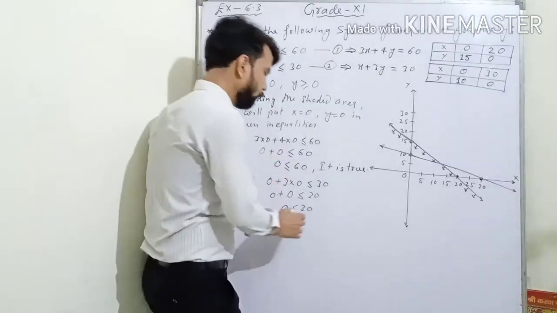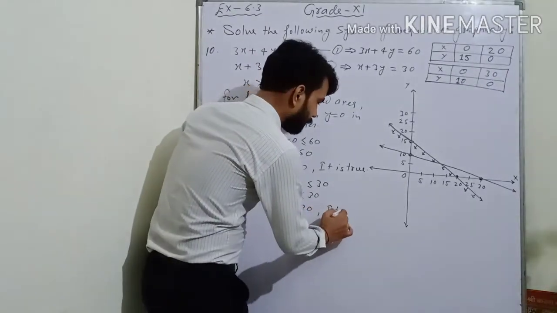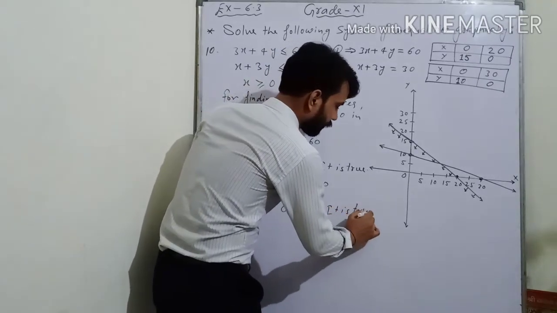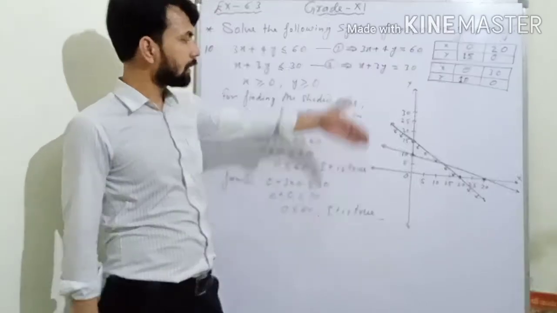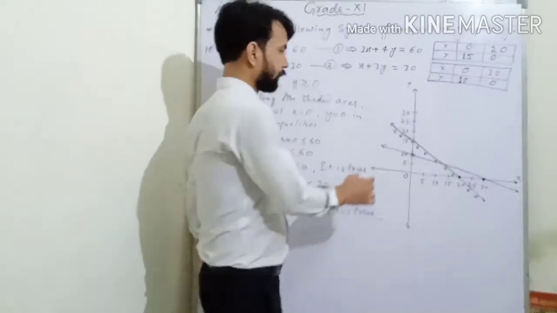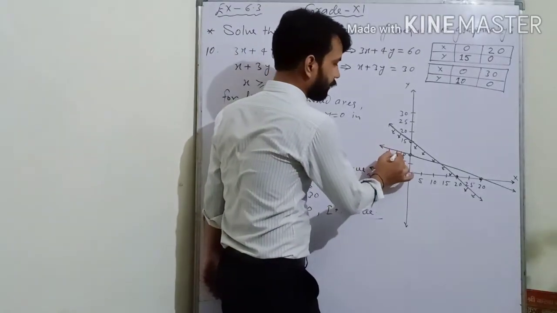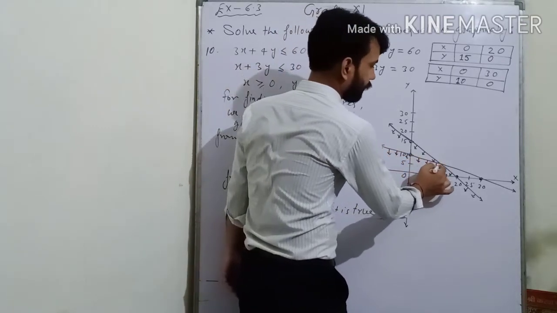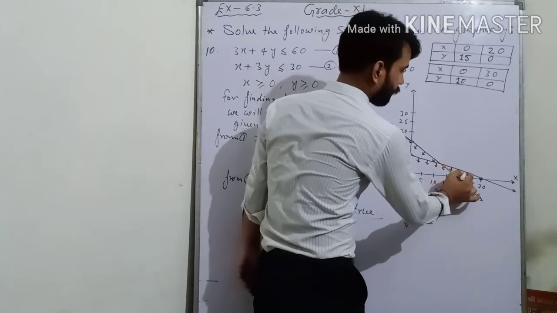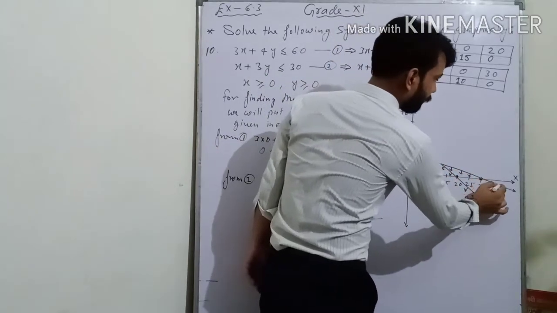Correct? This is true. If it is true, then we will have to shade the region towards the origin, meaning downside, like this. Got it?